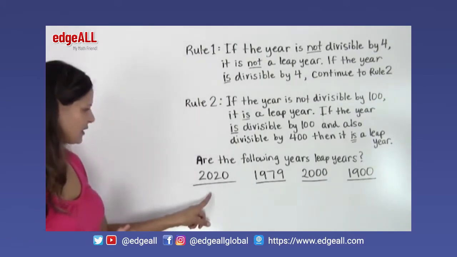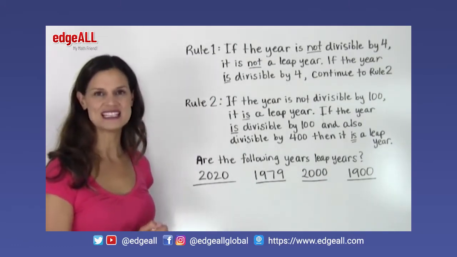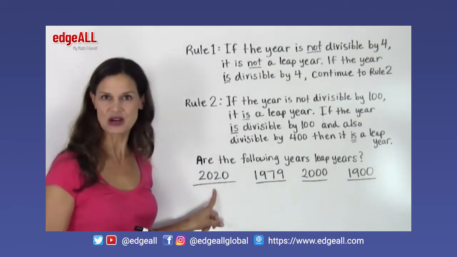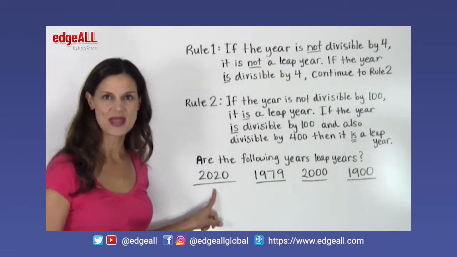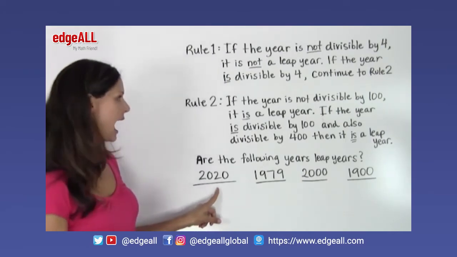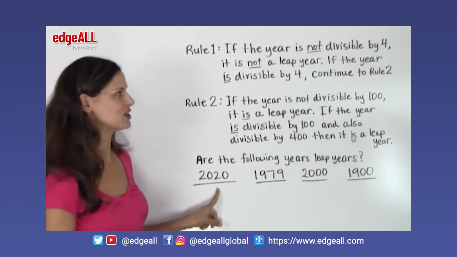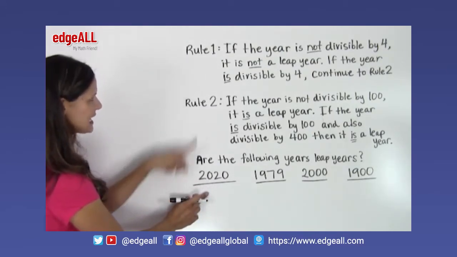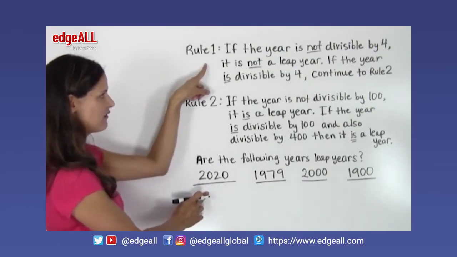So let's begin with the year 2020. If I take 2020 and divide by 4, I get a whole number answer of 505. So 2020 is divisible by 4.